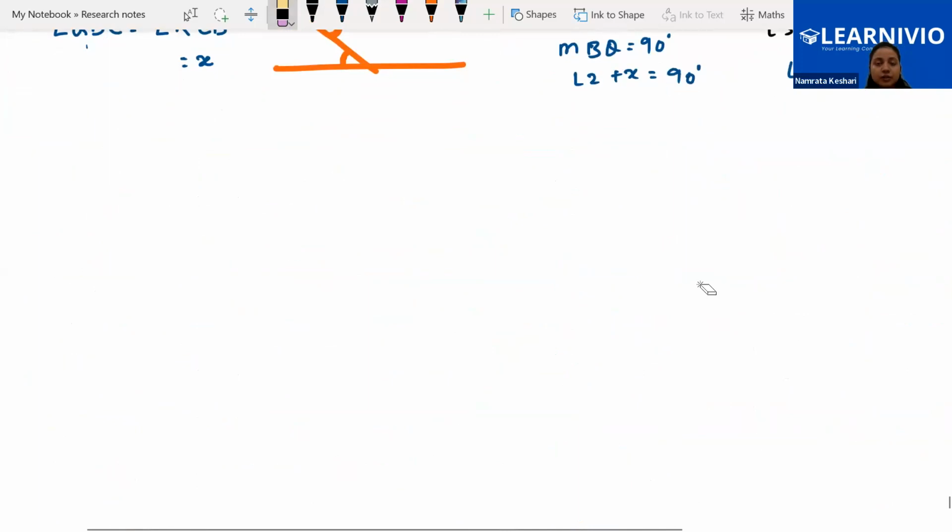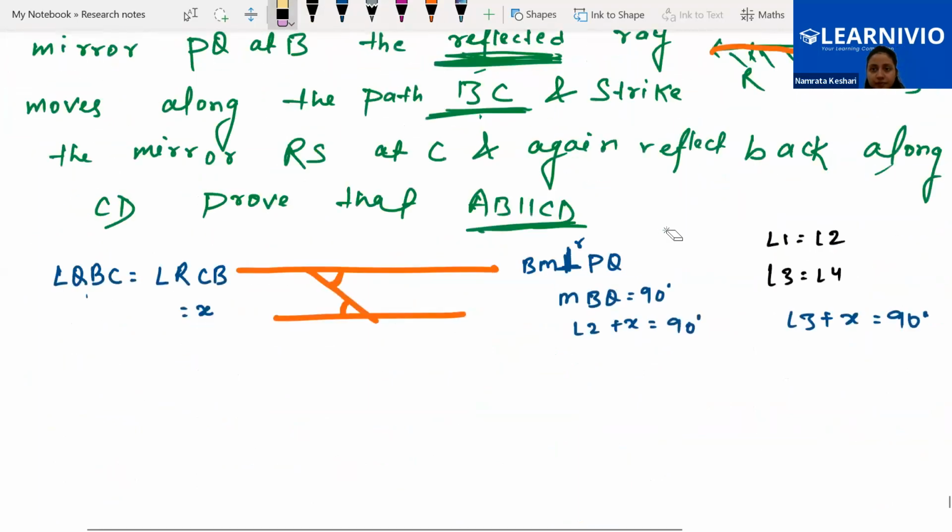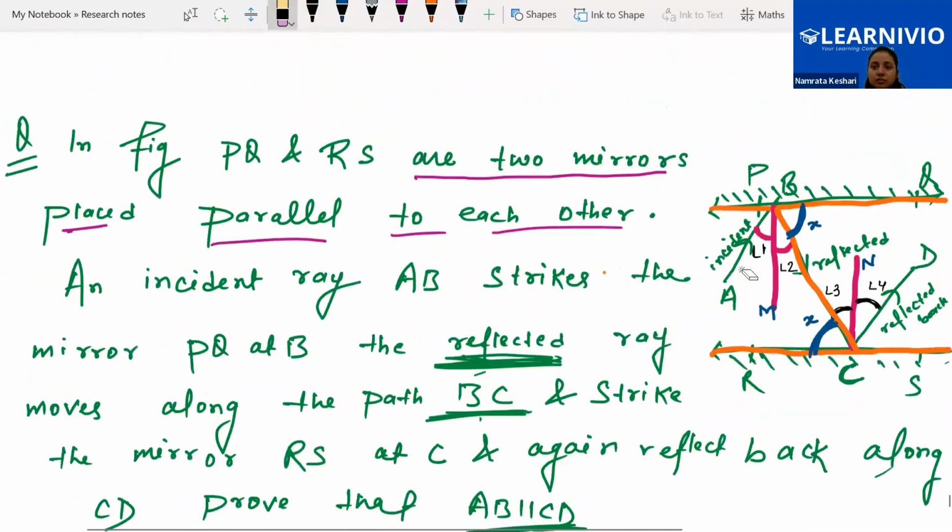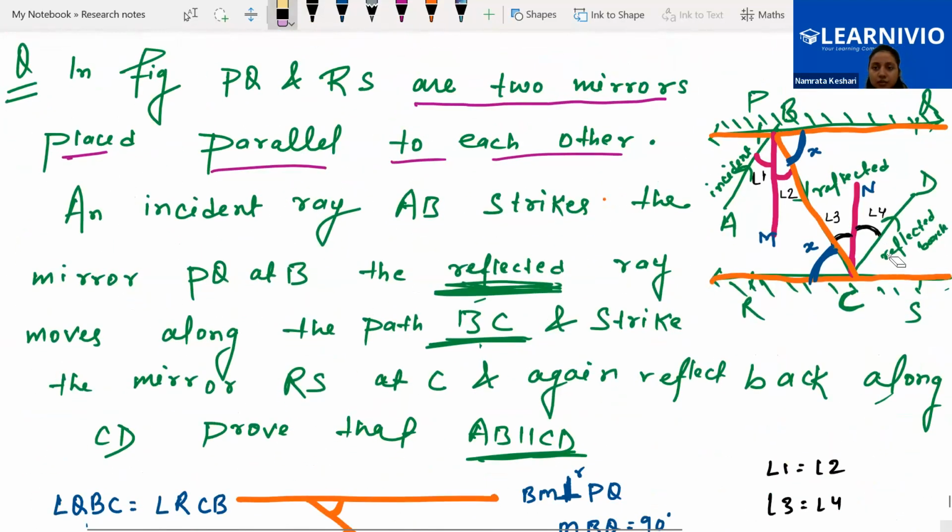Let me draw it freshly over here, because everything I have written is making it crowded. Okay, a bit fresher it looks now.